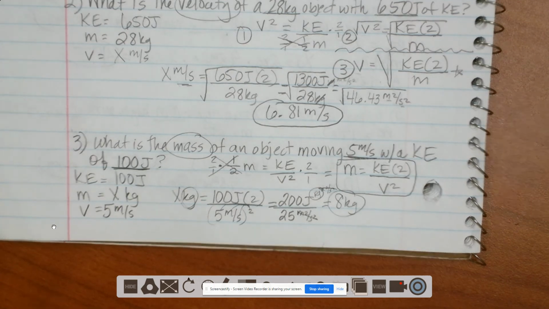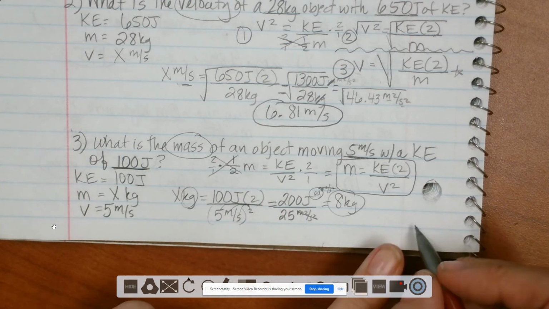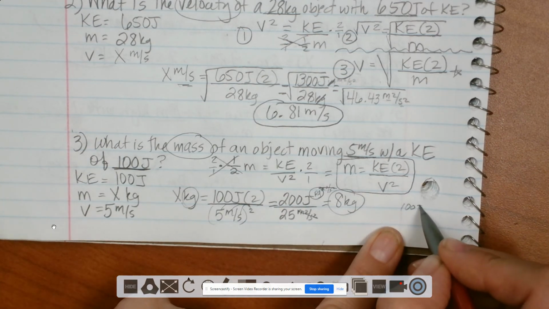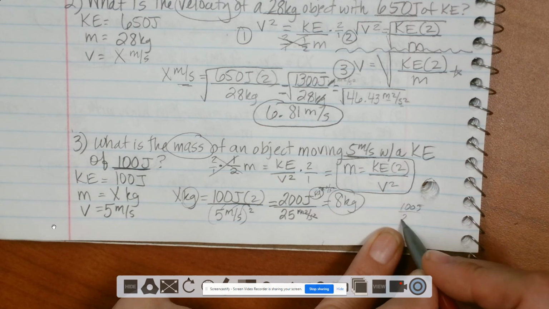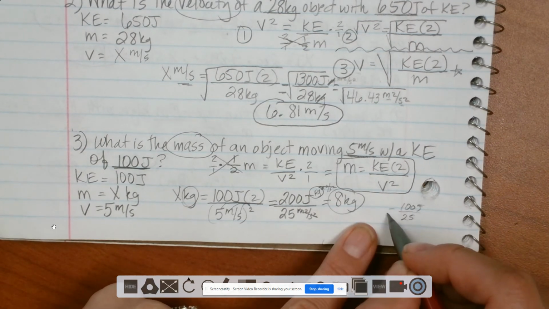It's really pretty simple. But I want to point out, had you forgotten to do that and you just said, oh, I'm not going to use this, I'm just going to half the mass at the end. Well, if you just did kinetic energy, 100 joules without multiplying by 2 and leaving that half, divided by 25, that I know is 4. I'm going to put it in here.